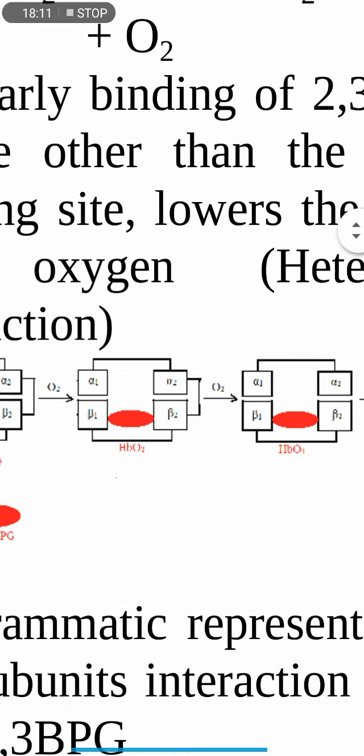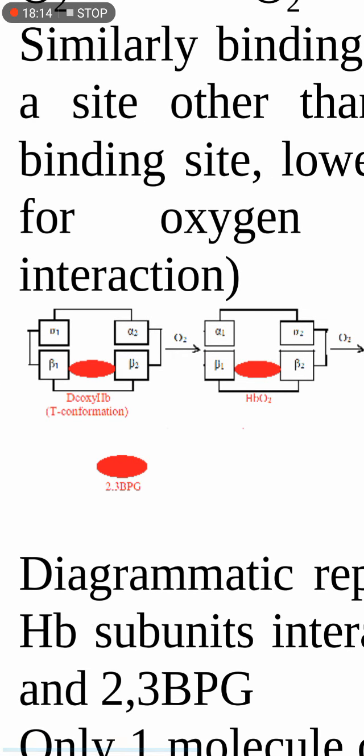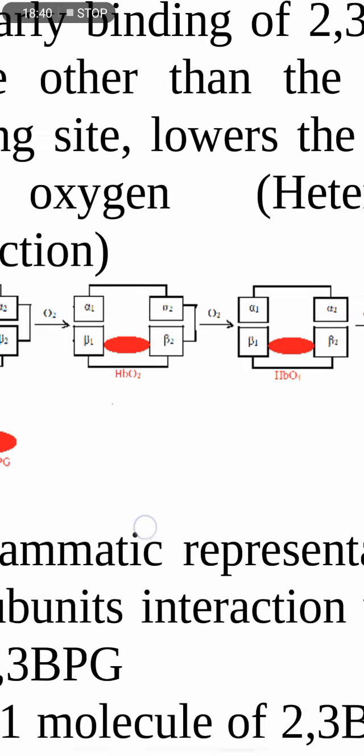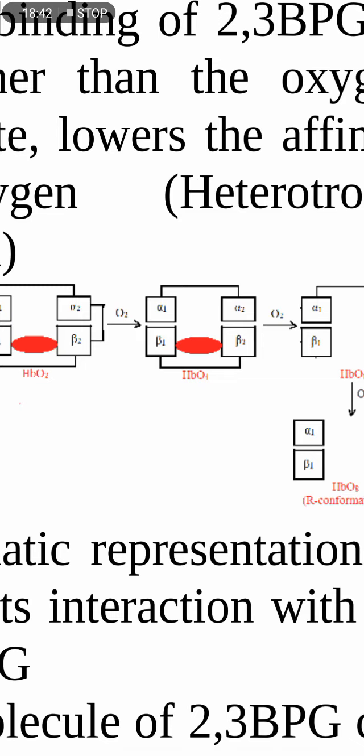First of all, in the deoxygenated state, it is called the T conformation, the tense conformation. Here 4 salt bridges are present, and 2,3-BPG is bound. Then when one molecule of oxygen is bound, one salt bridge is broken. Then when another oxygen is bound, another salt bridge is broken.